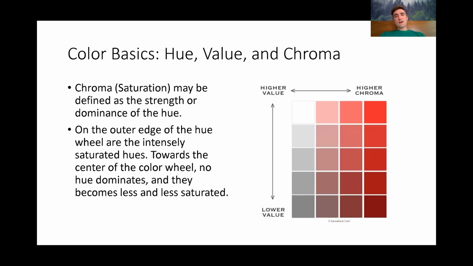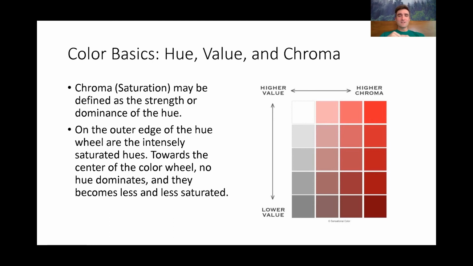And then finally we have the chroma, which could also be described as the saturation of color. You can think of it as the strength, or how dominant the hue is in that color. So on the spectrum of light and dark, how much does the hue shine through?